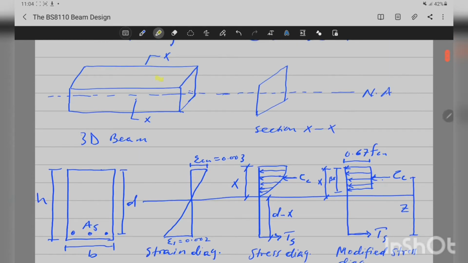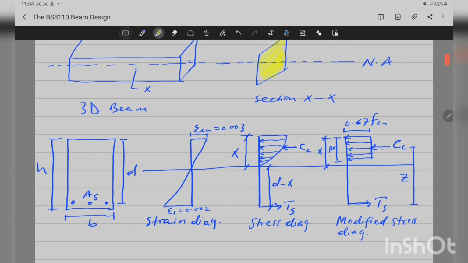If you section a beam at the center, at section XX, this is the face of the section. At this face we're going to look at the stress changes from the top to the bottom, passing through the neutral axis.